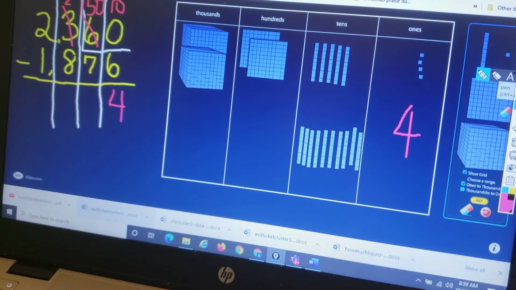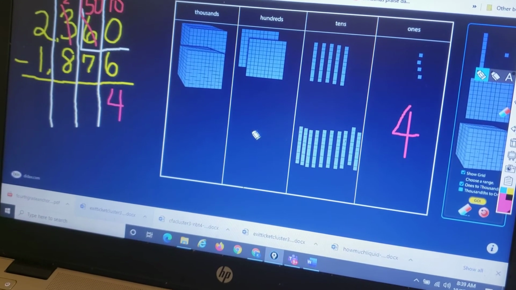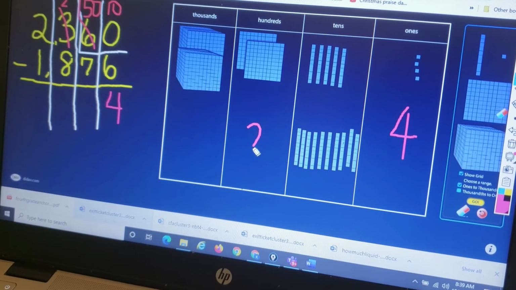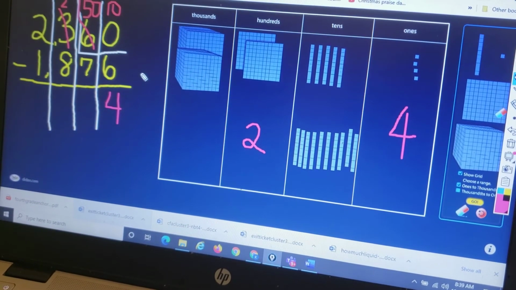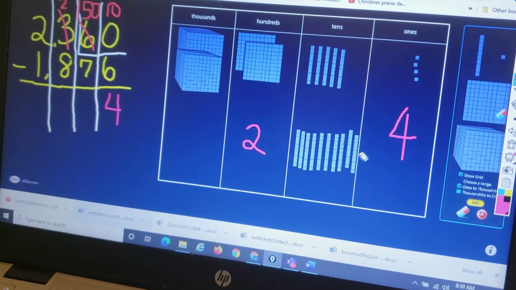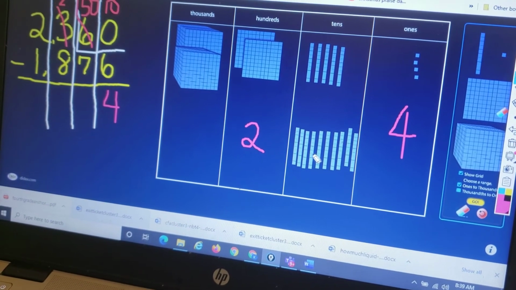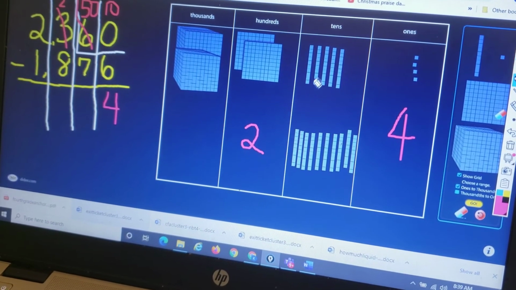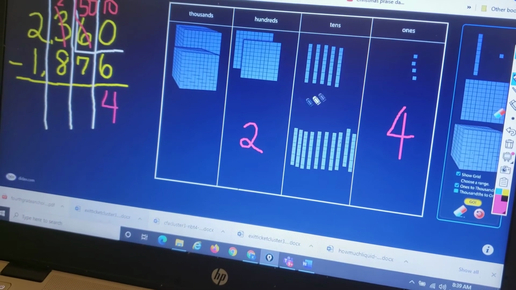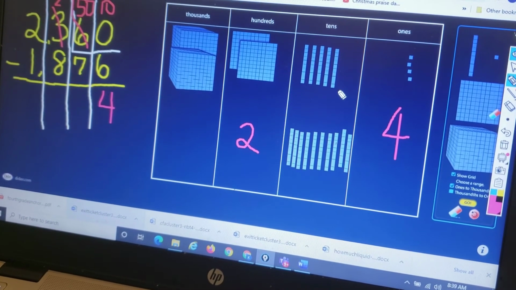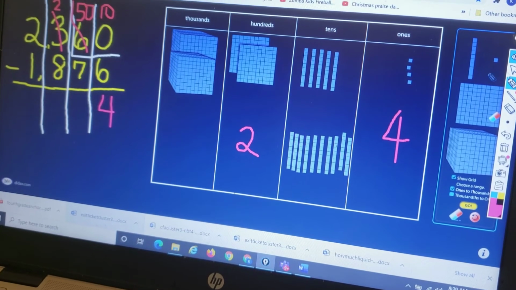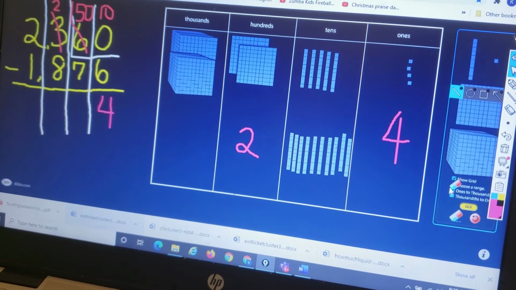Okay, so that left me 200s here. And right now we have 150. This is 10 tens, right? That we borrowed from our 100 spot. And 5 tens that was already there. We never mess with the number that's already there. All right, so now we need to take our 7 tens.